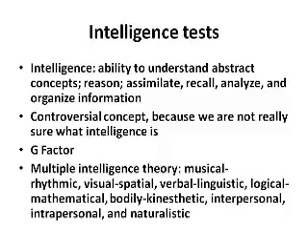But for the time being, we'll define intelligence as the ability to understand abstract concepts or reason, to assimilate, recall, analyze, and organize information. So intelligence has to do with cognitive abilities, that is to say, how does your mind process information? And it's not just about memorizing information, although that may be part of it.